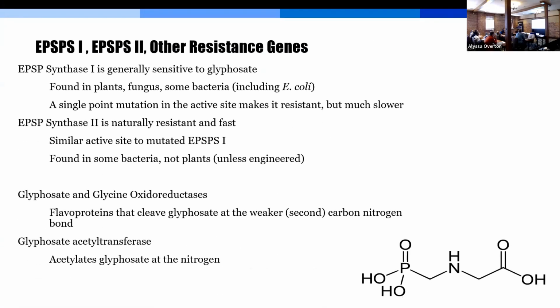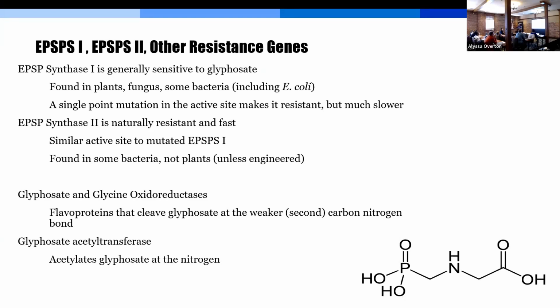So not all organisms that have this shikimate pathway are killed by glyphosate. So there's a question of why is that? For one, the target enzyme, EPSP synthase, comes in two versions, version 1 and version 2. Version 1 is generally sensitive to glyphosate, and it's always found in plants, and found in some fungi and some bacteria. Turns out it's found in E. coli.